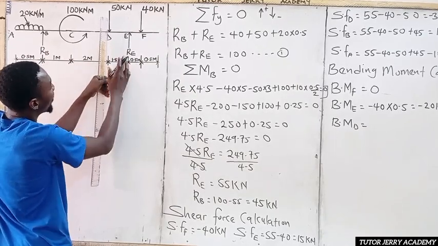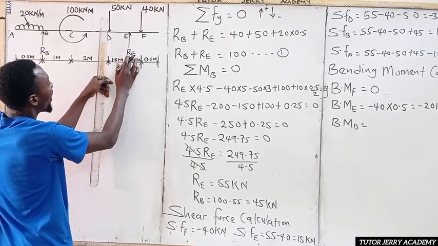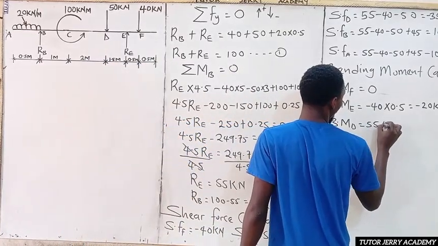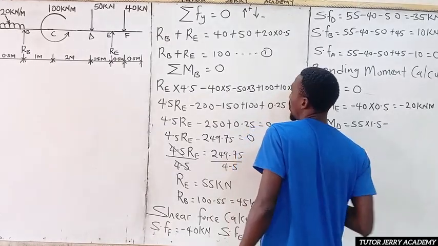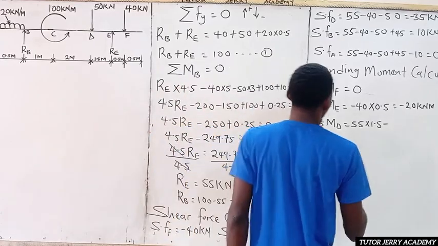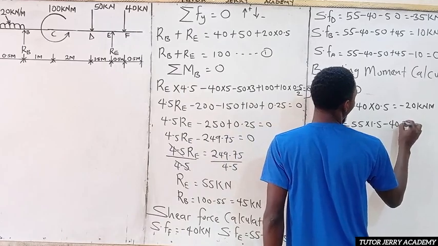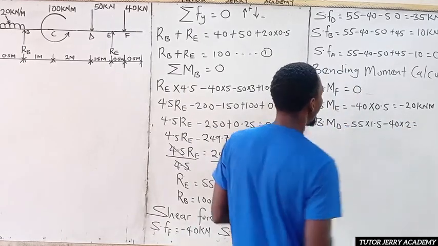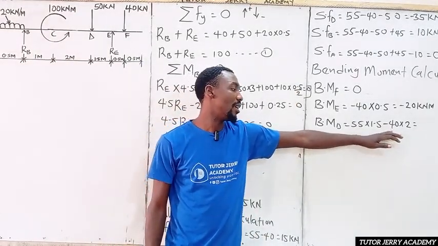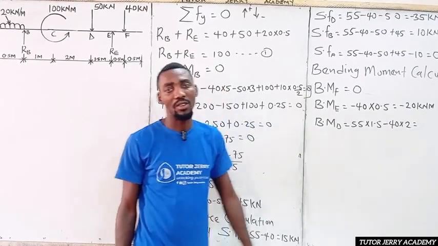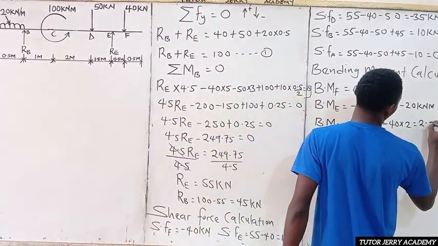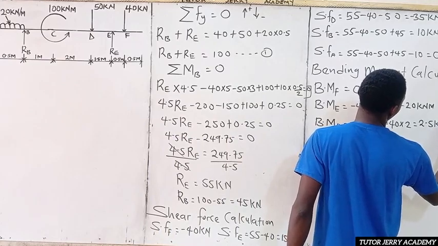And we have an upward force here, that is 55 multiplied by 1.5, minus 40 multiplied by 2. So 55 times 1.5 minus 40 times 2 is going to give us 2.5 kilonewton meter.